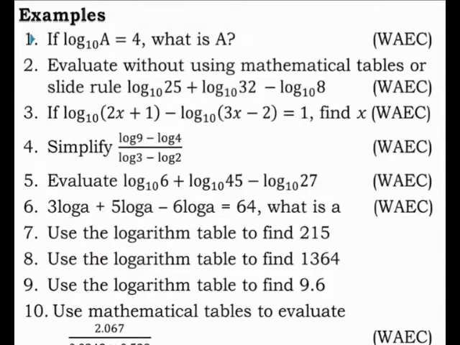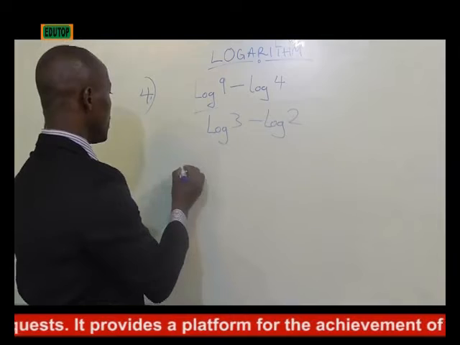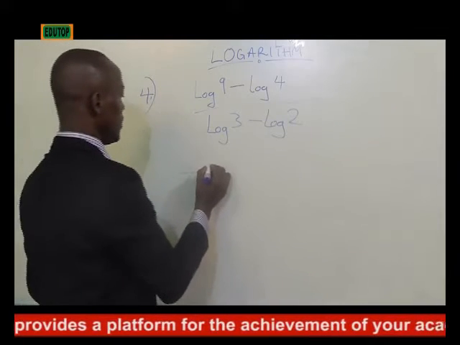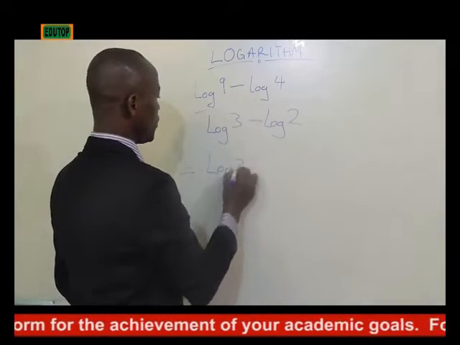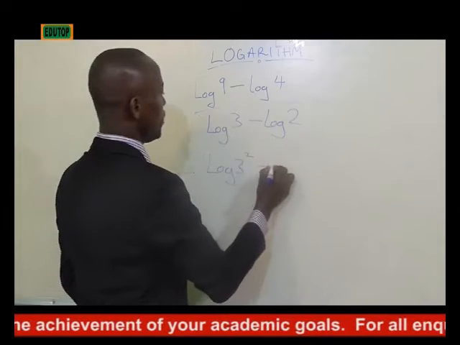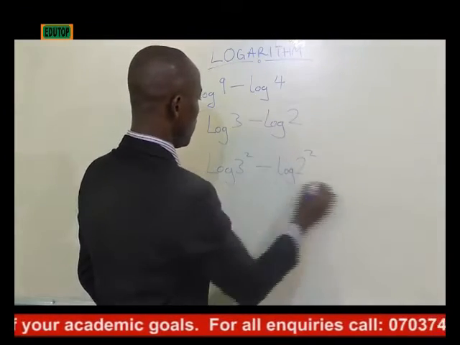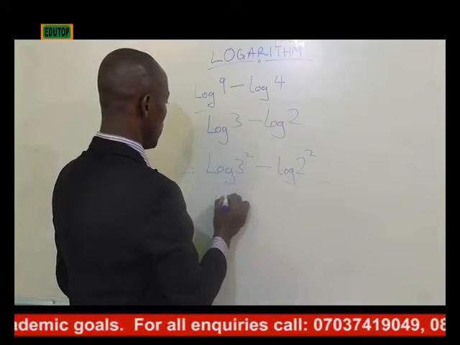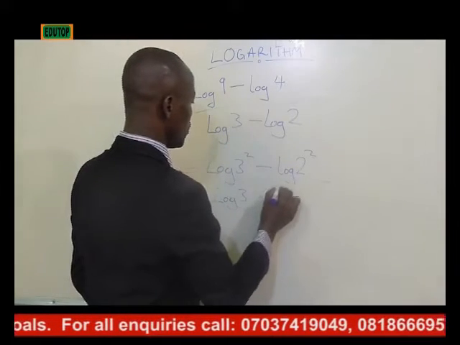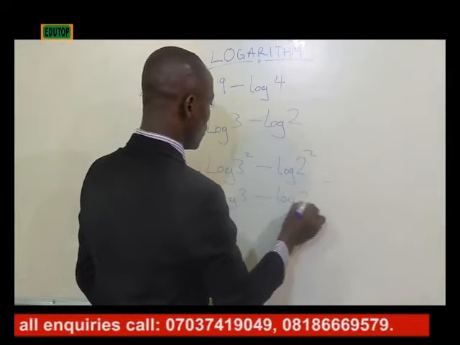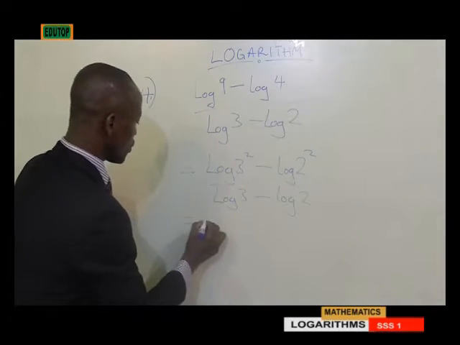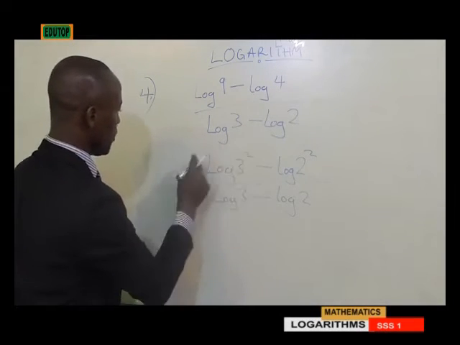Example number 4. Simplify log 9 minus log 4 all over log 3 minus log 2. This is just simple arithmetic. That would be log 3 squared minus log 2 squared all over log 3 minus log 2, which is equal to, these two powers, we bring them to this side.